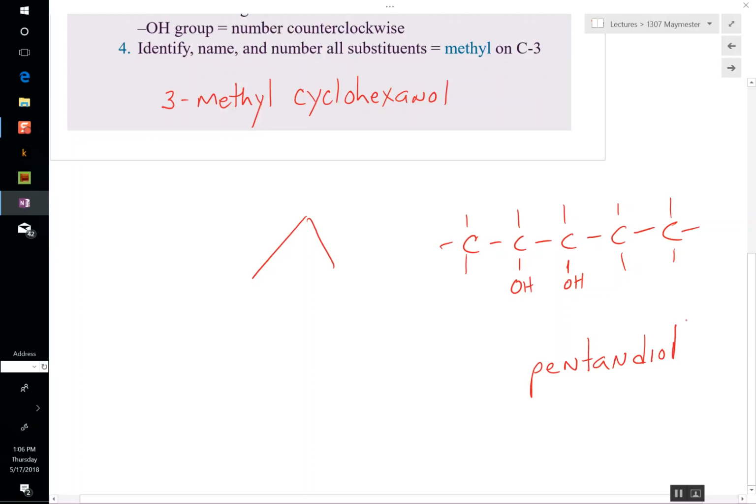Ethylene glycol, diol. I think I have some diols up there, but then we would need numbers. So this would be 2, 3. It might be pentadiol. I'm not sure if we put that N in there or not. Pentane diol. So see, there's your di. You can have a triol.